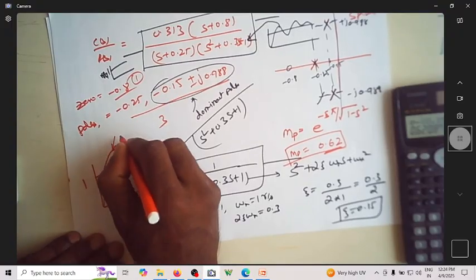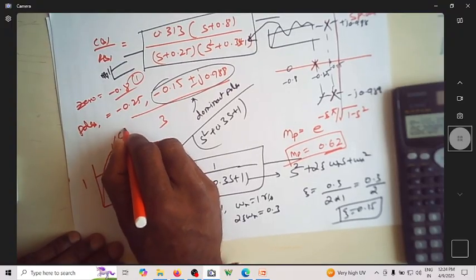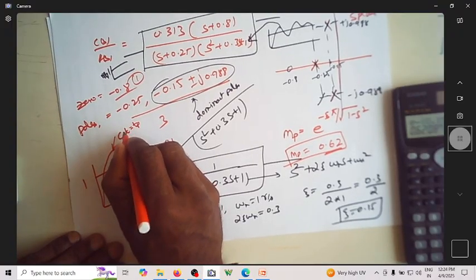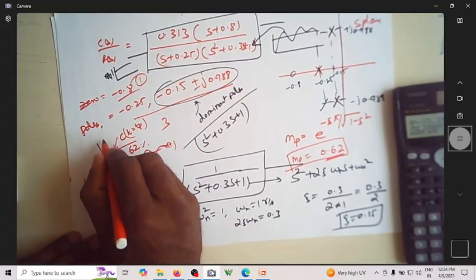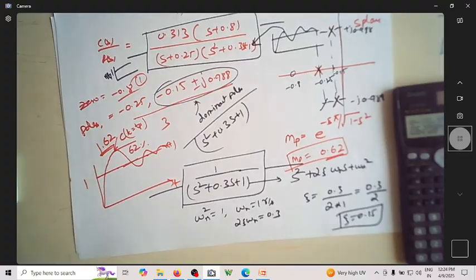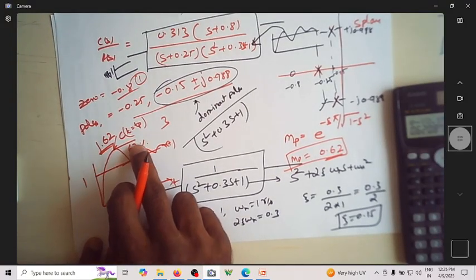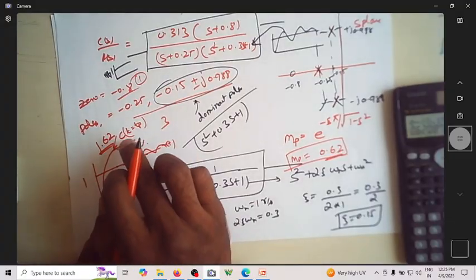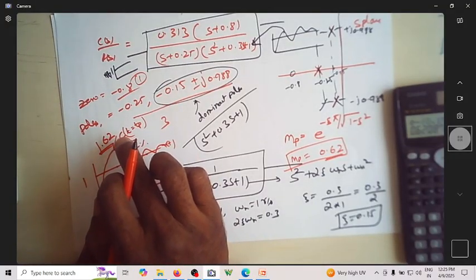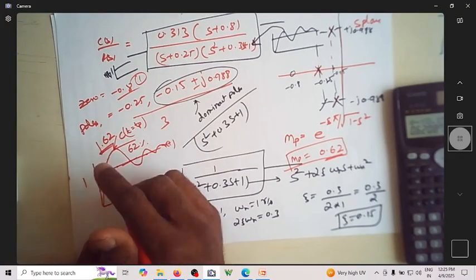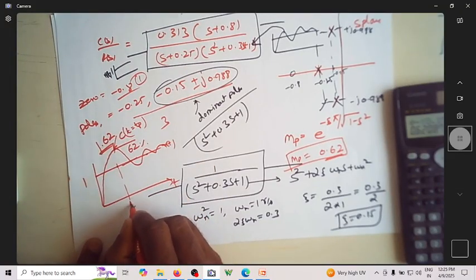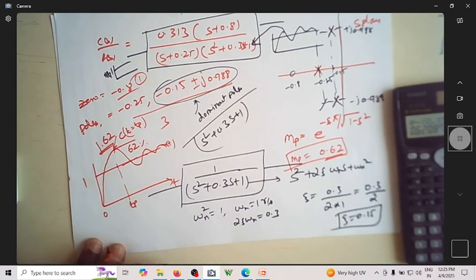So this magnitude at c of t equal to tp, at peak time, will become 1.62. So the overshoot is 62%. The corresponding value of the response at t equal to peak time, this is your Tp, this is from 0.